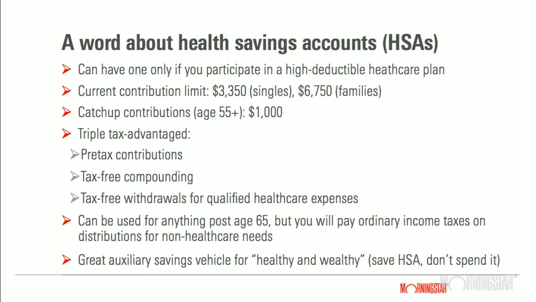Once you reach age 65, your HSA essentially functions like an IRA. So if you are using the money for qualified healthcare expenditures, those withdrawals are all tax-free. If you are using the money for other things beyond healthcare expenses, those withdrawals are taxed at your ordinary income tax rate. So it's a pretty attractive vehicle from the tax standpoint.